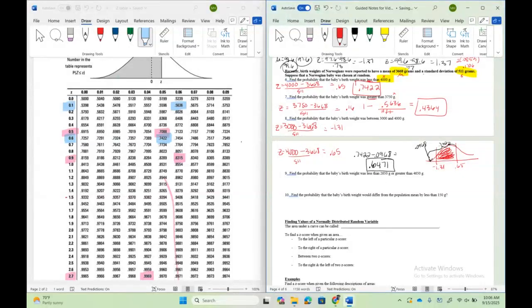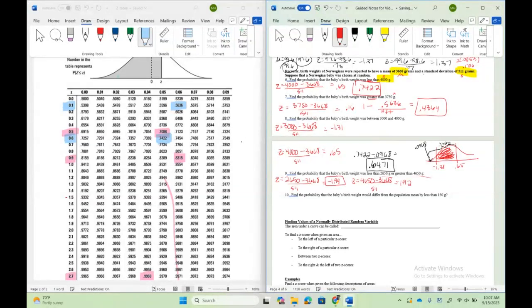Next example, we're less than one and greater than another, so two z-scores to find. So this z-score is negative 1.99. And this z-score is 1.92.